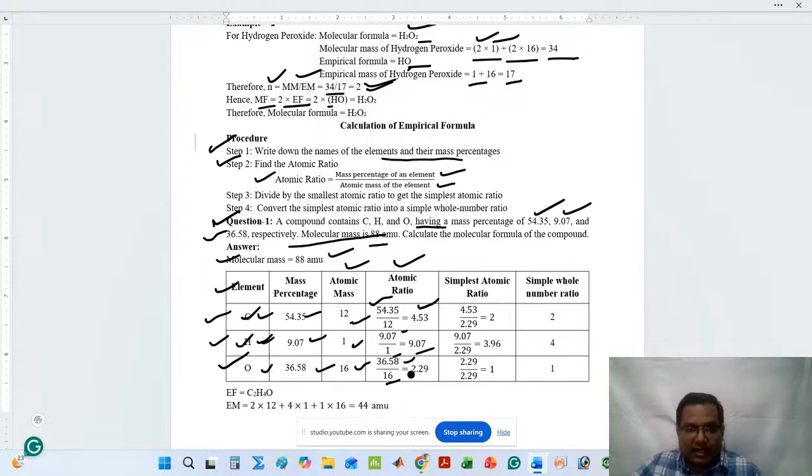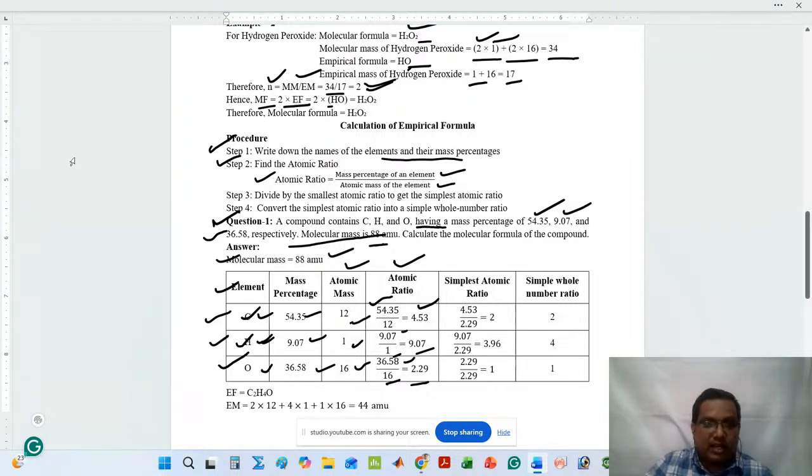So here I can write 36.58 divided by 16. After calculation, you can find 2.29. For carbon, atomic ratio is 4.53. For hydrogen, atomic ratio is 9.07. For oxygen, the atomic ratio is 2.29. This is up to step number 2.